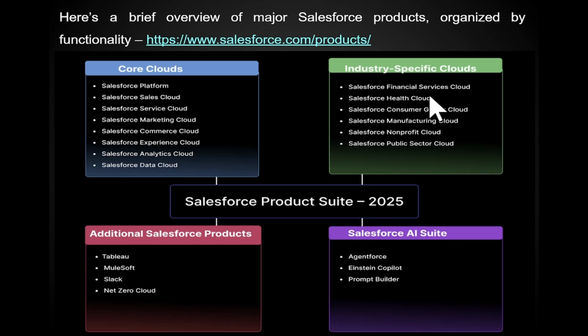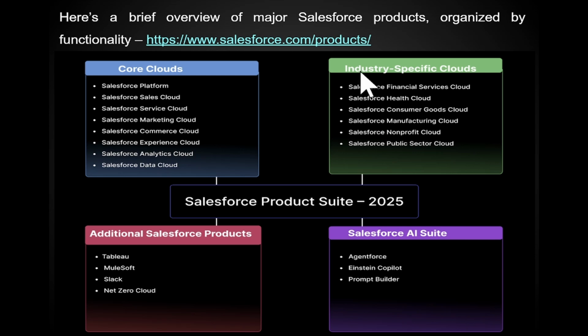If a company is in health, like a hospital, and wants software for their company, it's not that they will use only Health Cloud. They can also use Sales Cloud and Service Cloud. So these are the core clouds: any company, any industry can use them. These are the clouds in the core clouds.